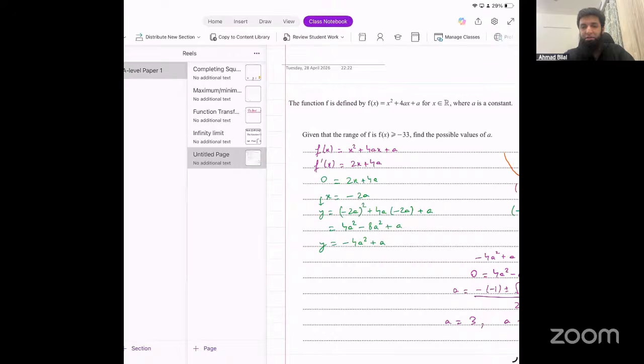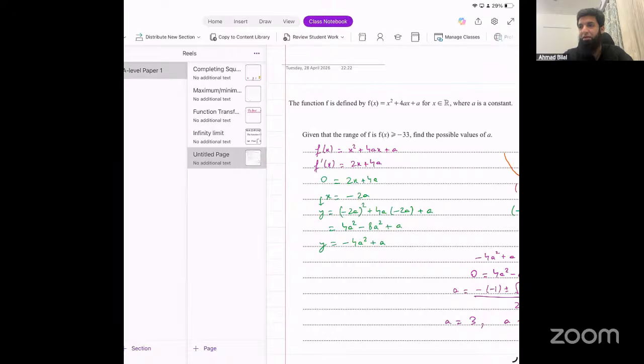So standard questions on binomial, APGP, circular measure, and a couple of other topics, coordinate geometry. If you get easy questions, you try to save time on them. And for the other questions in which you will require a lot more thinking, you have more time left so that you're not making any careless mistakes.